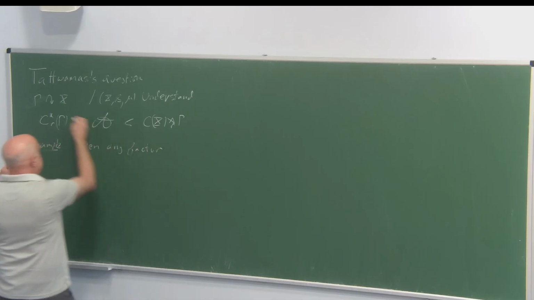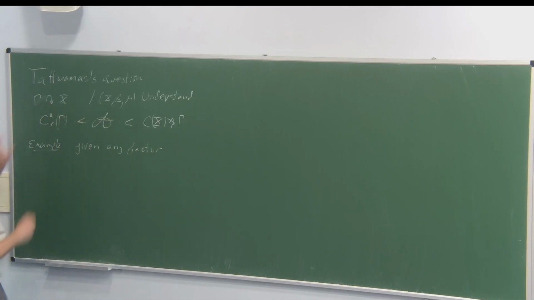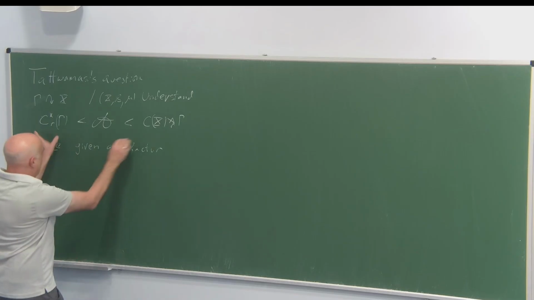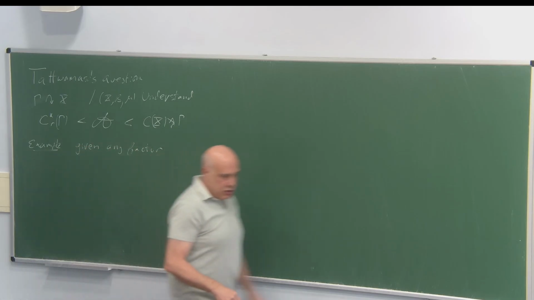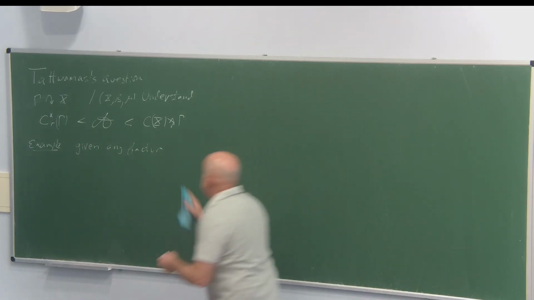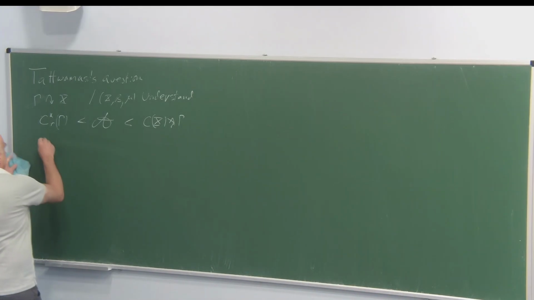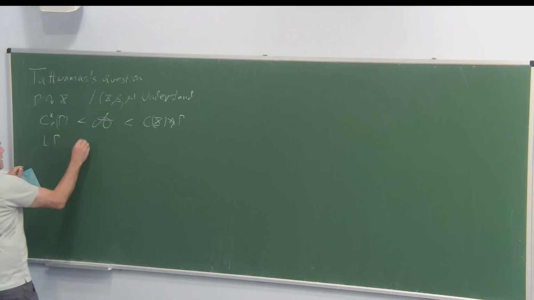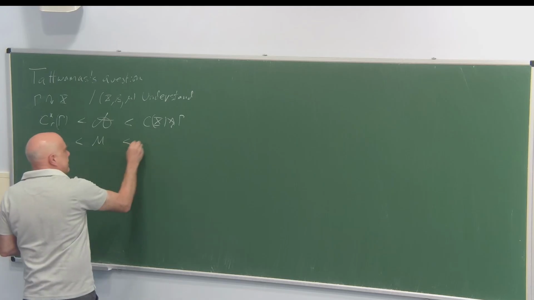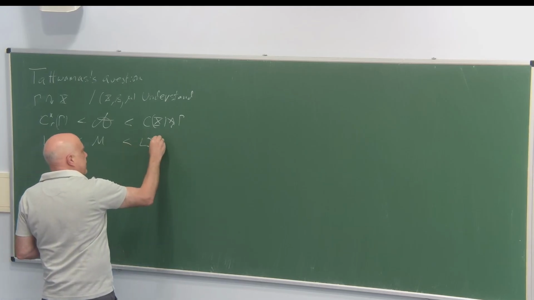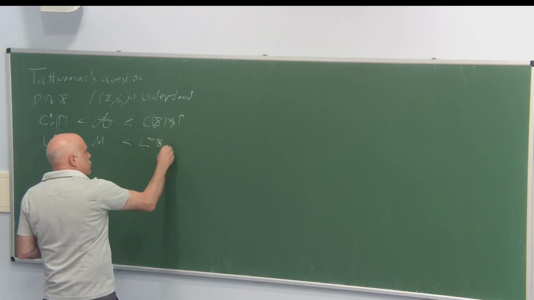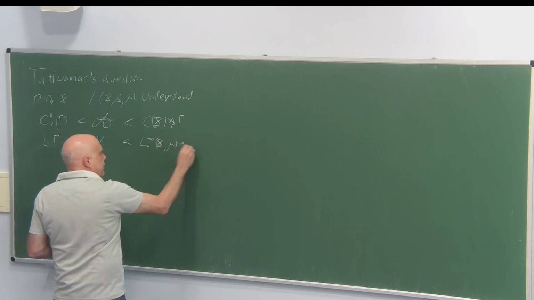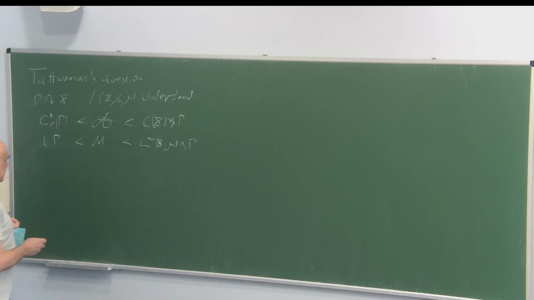So let's talk about the topological dynamical setting. Sorry, I could have written this also in the measurable. I can talk here between L gamma and L infinity x mu, a measurable cross product.